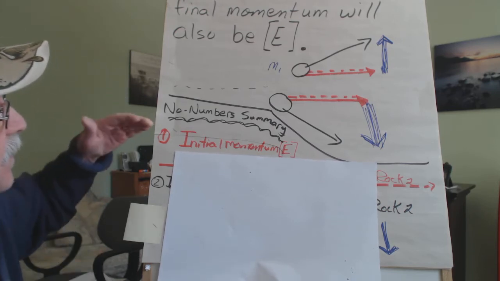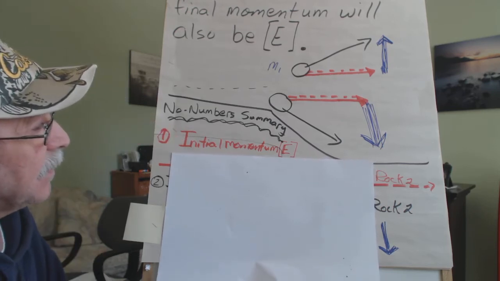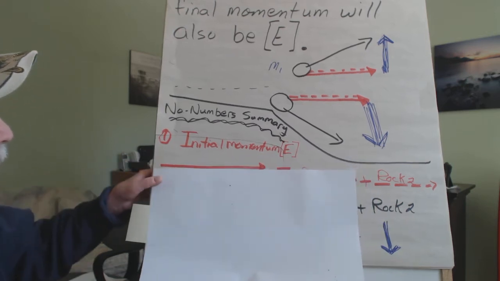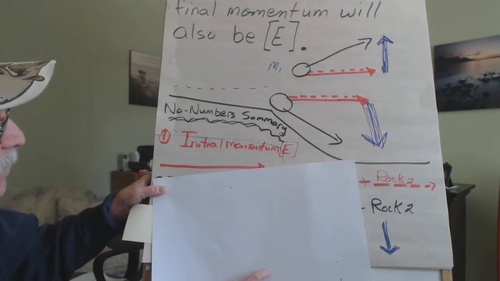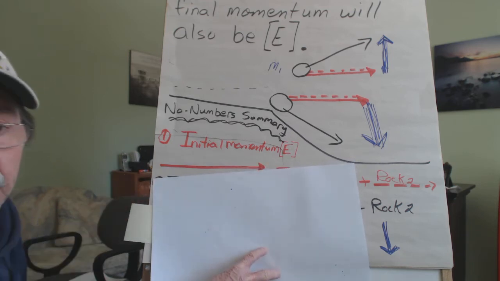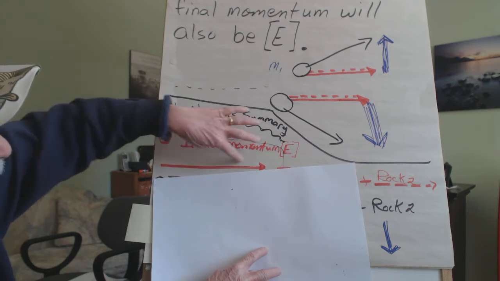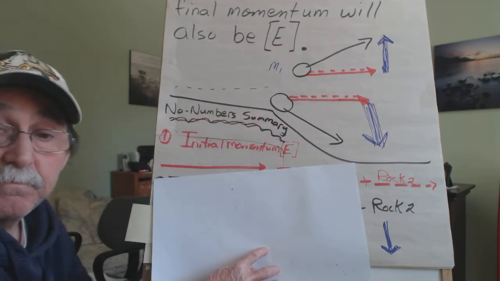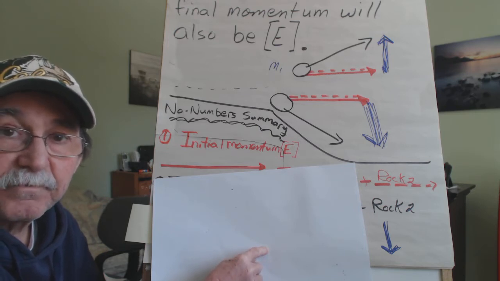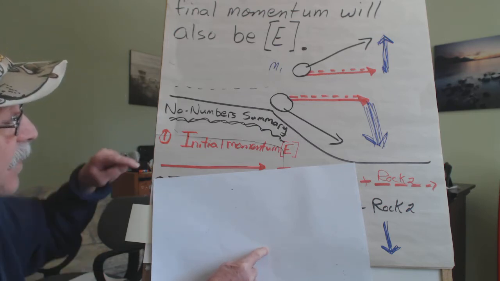So for the initial momentum, I'm going to draw a red line that represents all of it. I could make a scale diagram and do the math behind that, but let's just talk about it instead.